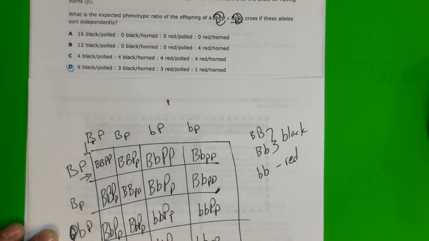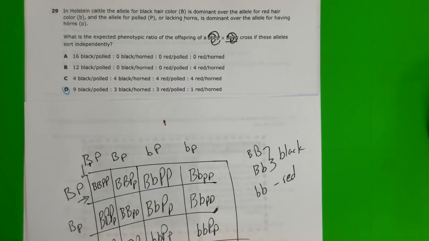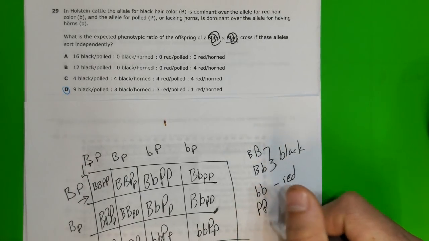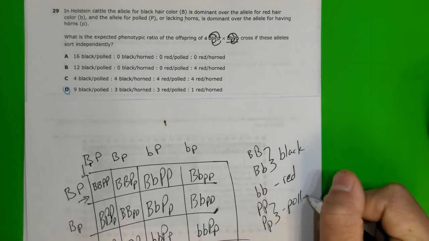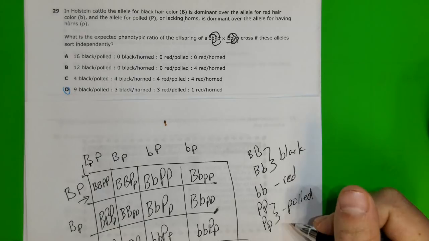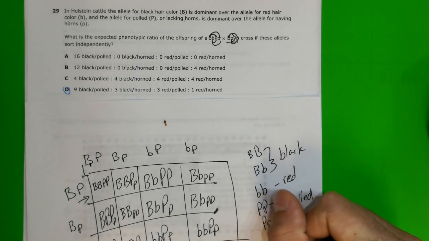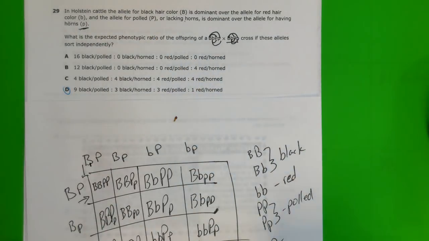And then it also goes on to state something else we need to look for, we need to see if it's polled or not. So polled is going to be either of these two can be polled. And then if it's going to have horns, it's got to be 2 little p's because little p's are recessive. So then we just simply count.